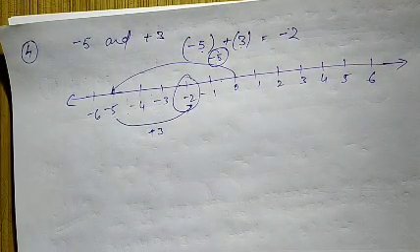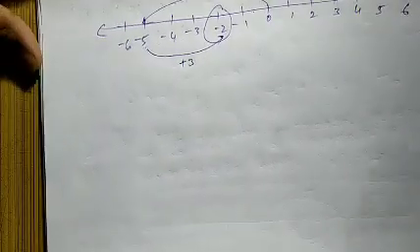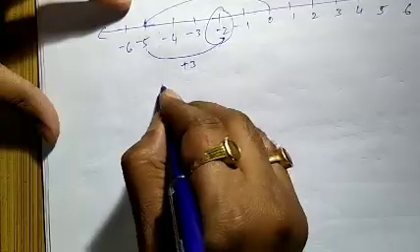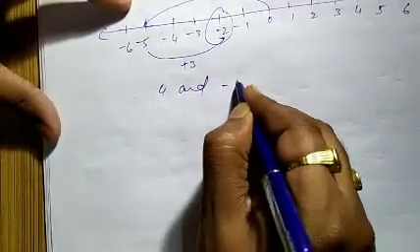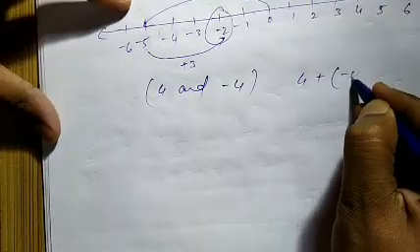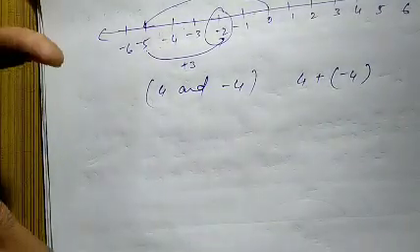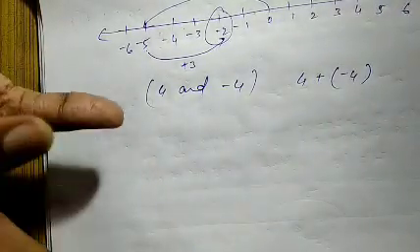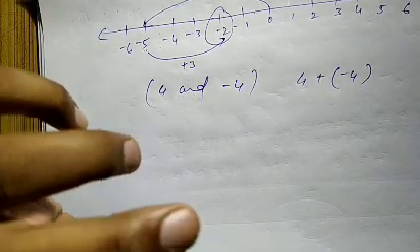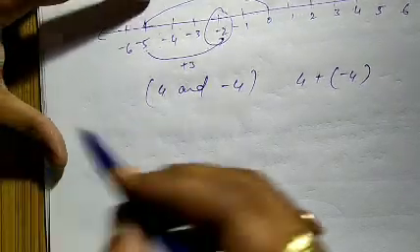Now see, observe this example. Suppose I say let us add 4 and -4. We first move from 0 to +4, then from +4 we move 4 points to the left.